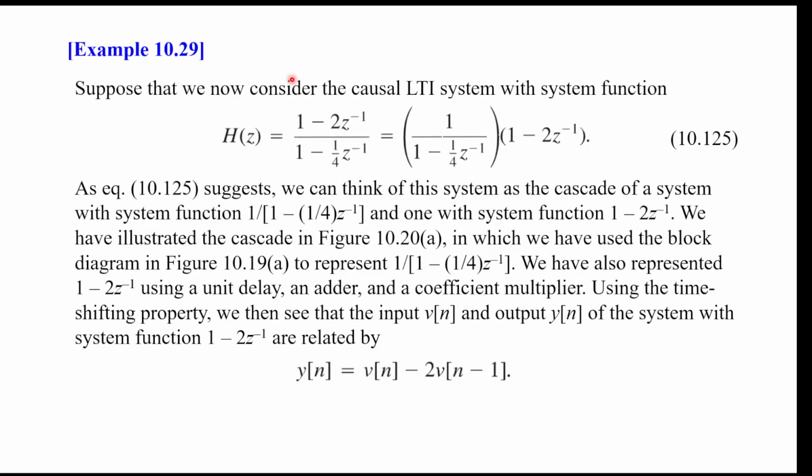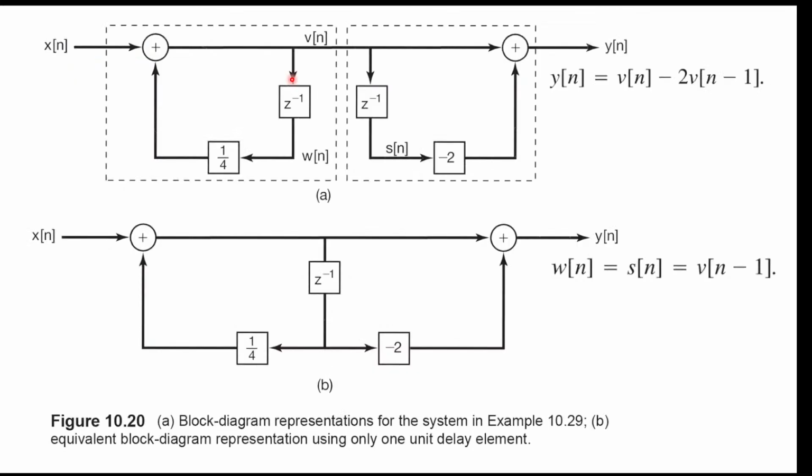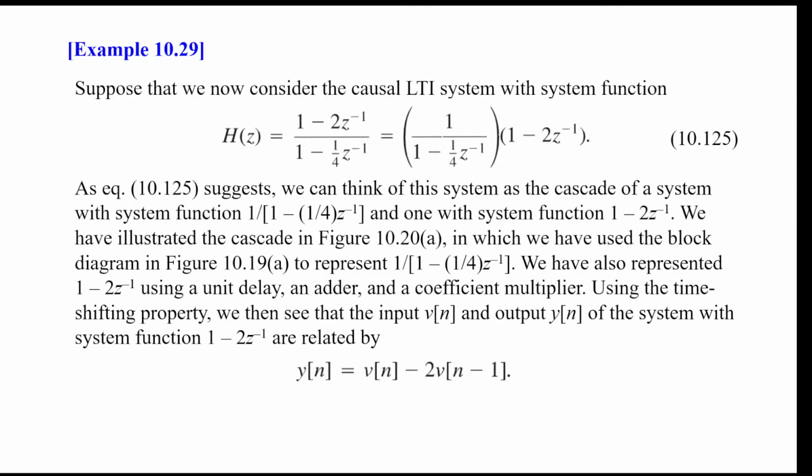So in terms of the z domain, big V will be big X multiplied by the first part.